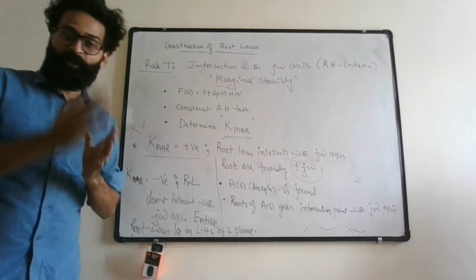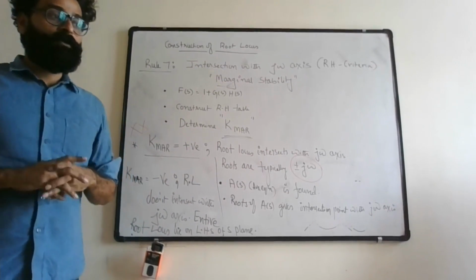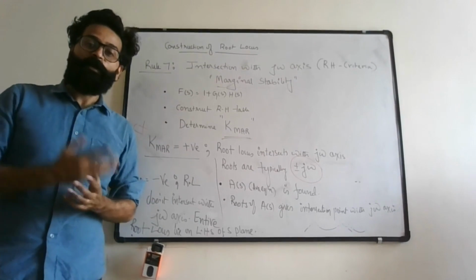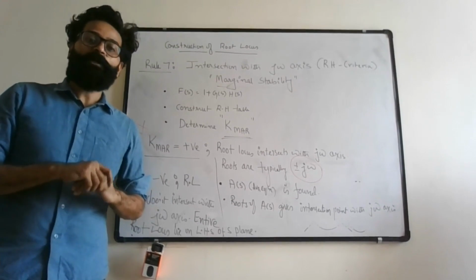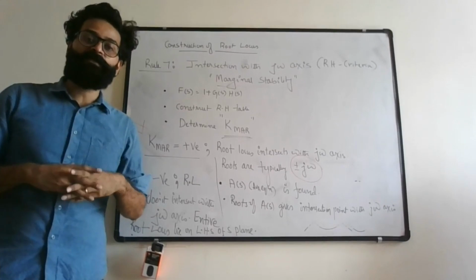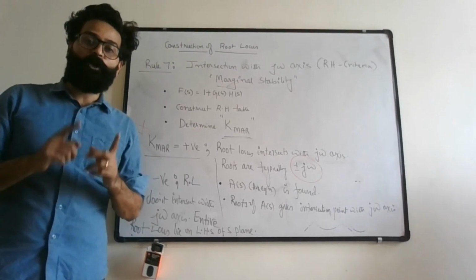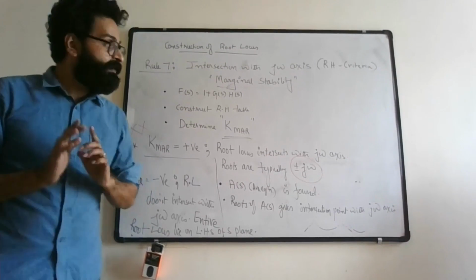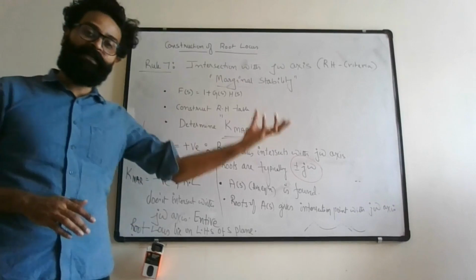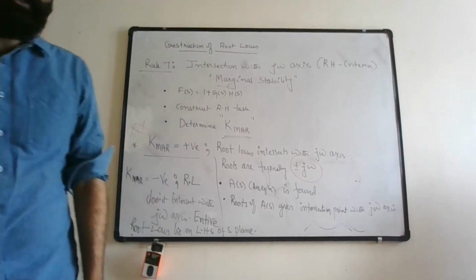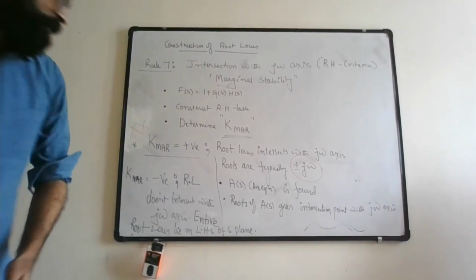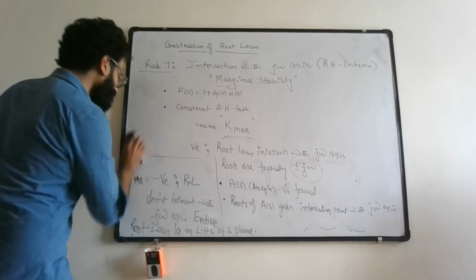Now, there are special problems in which you will have complex conjugate poles and zeros. If your transfer function consists of complex conjugate poles and zeros, then only you are supposed to apply the next rule, which is rule number 8. So there are totally 8 rules.